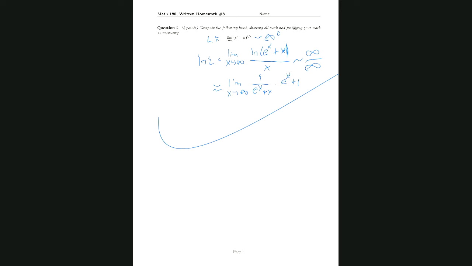So now what does it look like when you let x go to infinity from this form? And then you just take the derivative. So then you'll just use L'Hopital's rule again. And then I think you have to use it one more time. But I think you should get 1, basically.